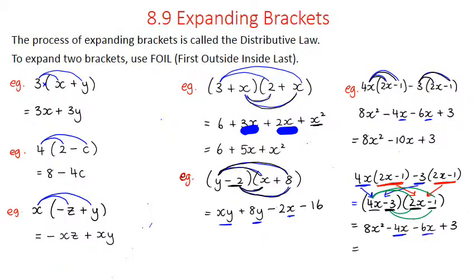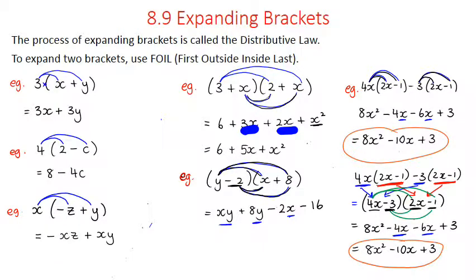Collect those two like terms. Our 8x squared stays. Negative 4x, take away 6x, negative 10x, plus 3. So notice that our answer here and our answer here is exactly the same. So it's the two different ways you can do it. You can expand out step by step, or you can simplify it into two brackets and then FOIL.